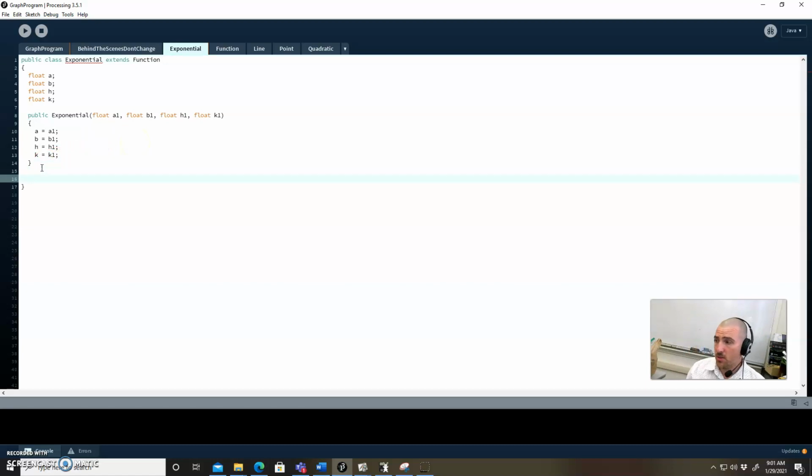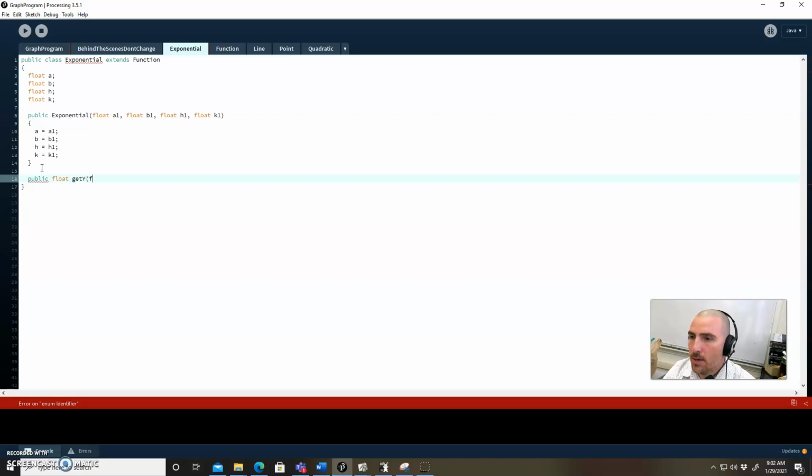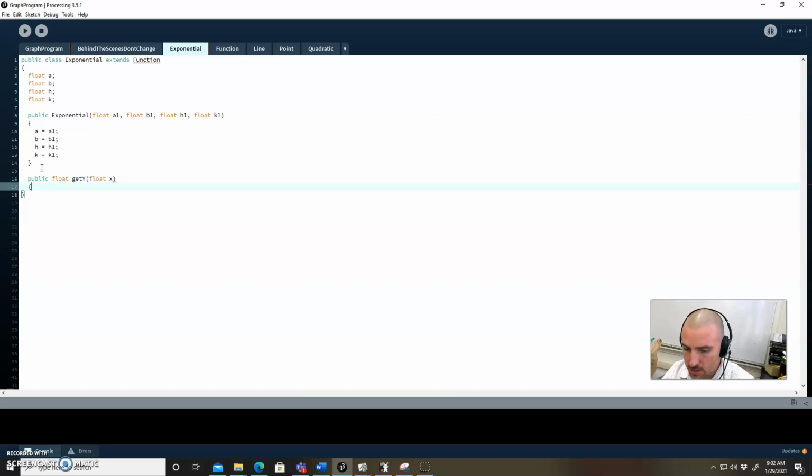And the getY method is what's going to be able to graph the exponential. We just need to be able to give it an x and get out a y for this exponential function. So that's where the most important information of the class lies, right? So it's public float getY, passes an x.